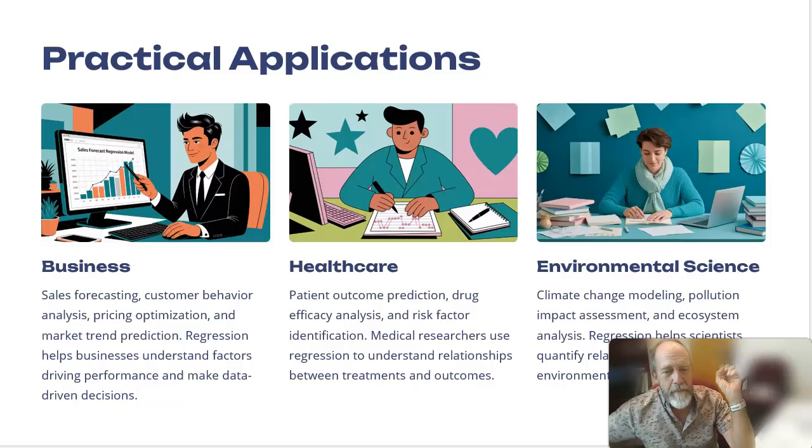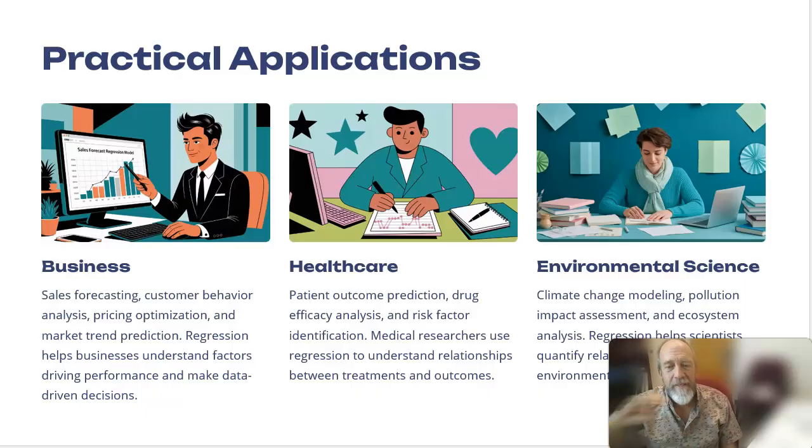But trying to find the correlation, and these are usually in causal relationships, but it's not necessarily causal relationships. Correlation doesn't mean that if you see a correlation, there's causation.